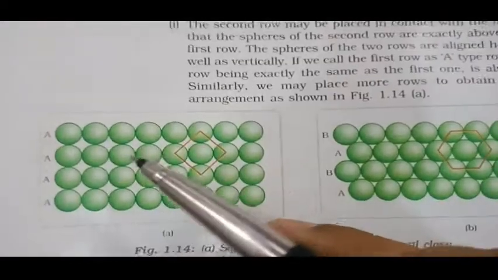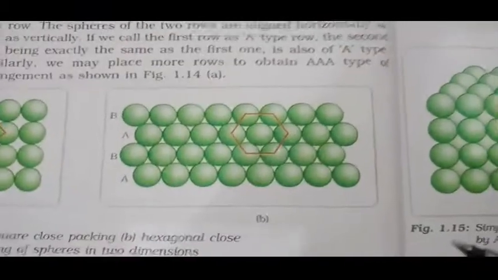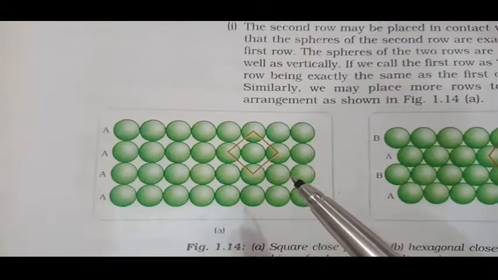Clear? Now the next kind of close packing in two dimensions is hexagonal close packing. And one more thing, square close packing is also termed as AA type of packing.